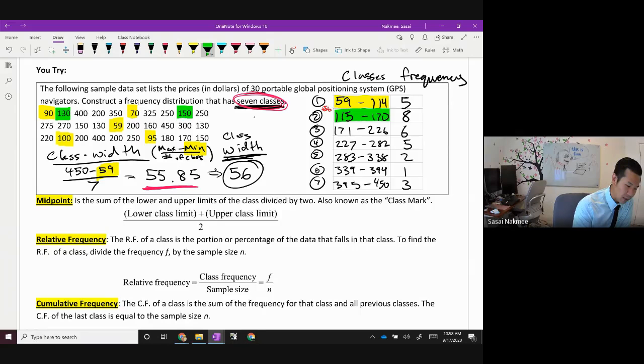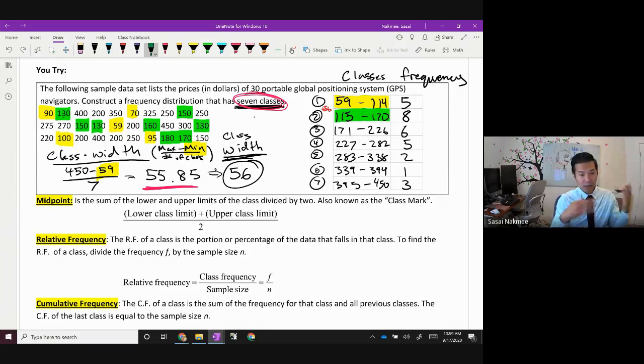Ooh, 150 is good. 130 looks good. 160 looks good. 130, 150, and 170 and 180. Those are the only numbers that I see that are between 115 and 170. So when I count them out, I have 1, 2, 3, 4, 5, 6, 7, 8. And that's how we get this 8 right there.